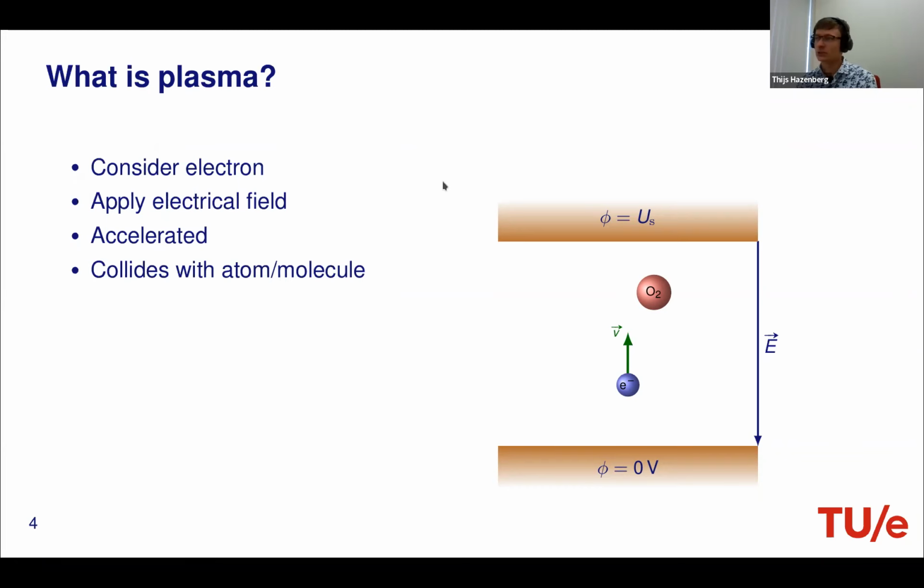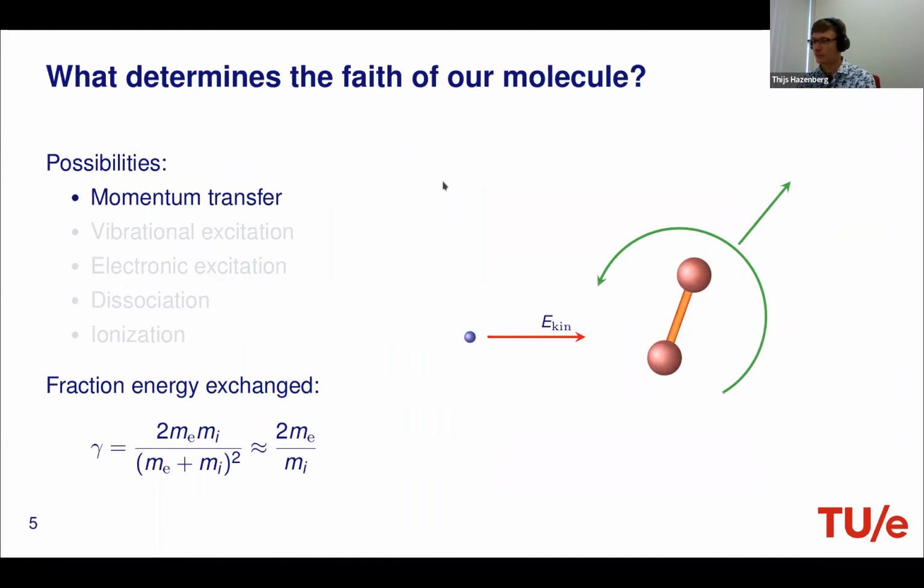When this happens, several things can happen. This electron has a certain amount of kinetic energy, and when it collides with the molecule, it can result in a momentum transfer. This means that the electron bumps into this molecule, and then energy is transferred to this molecule, and it moves.